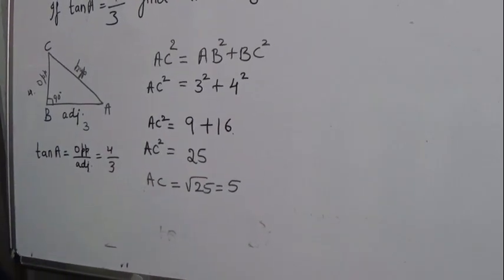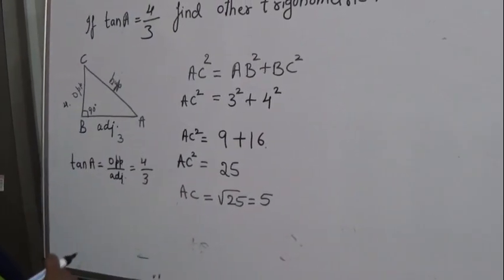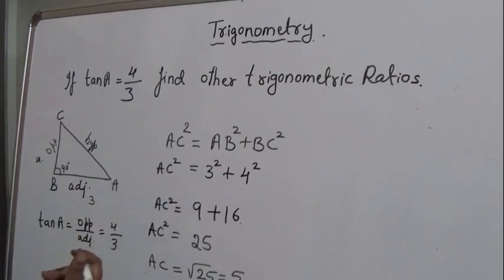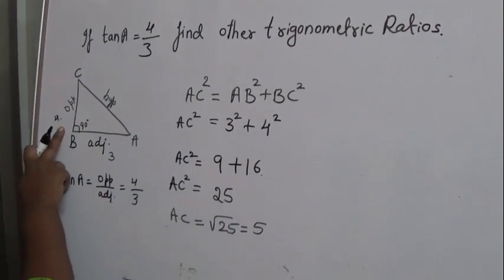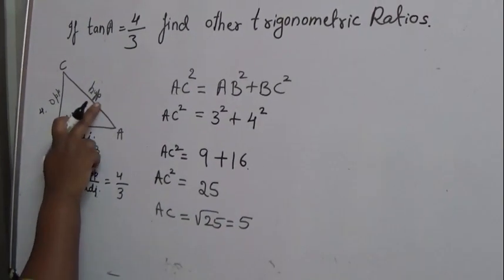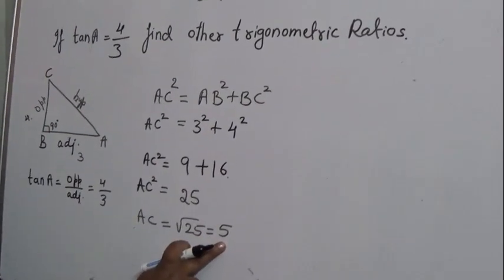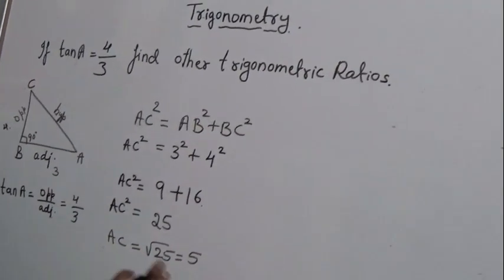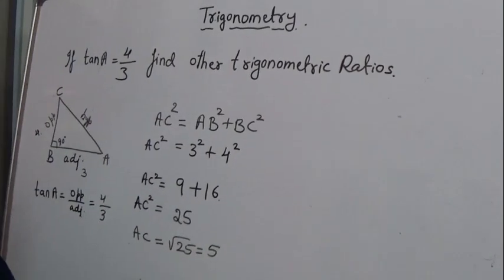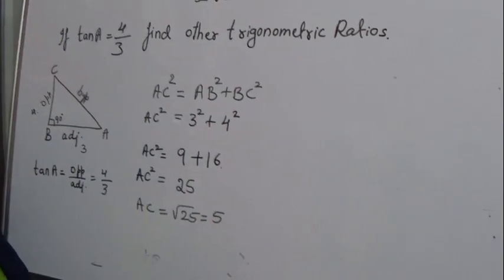Using this, here we all come to know that we got 3 sides. Opposite side is 4 units, adjacent is 3, and the hypotenuse we just found here is 5 units. Using these 3 sides we can write the other 5 ratios.